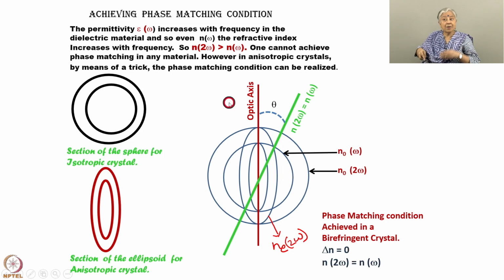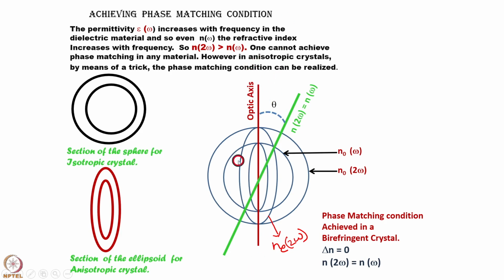So, I have to pass my ray into that crystal such that it makes an angle of theta with respect to the optic axis. The optic axis is here. Once I do that, I have got the phase matching condition, and there I get a large intensity of second harmonic generation. So, the phase matching condition is achieved.